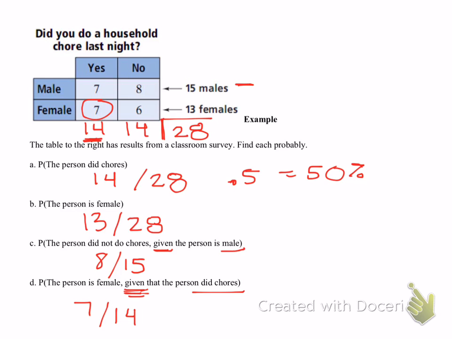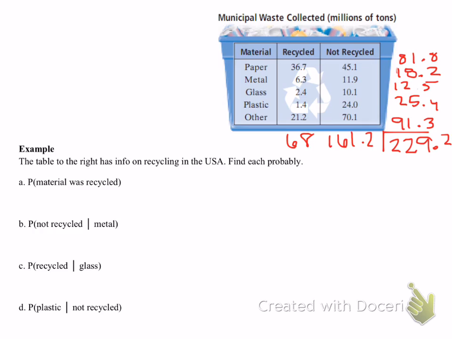So let's try the next one. Notice I already got the totals for you. I recommend pausing the video real quick and copying these totals down so that you have them on your paper. I just did it to save some time. You would be expected to do that part on your own in class. So letter A says find the probability the material was recycled.